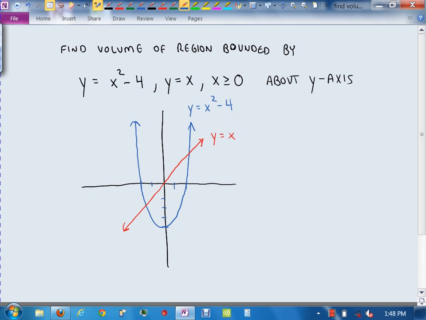And what's the next thing? X greater than or equal to 0. What does that mean? I'm only on the right side of the y-axis. So my region is actually this right here only, right? Everything to the right of the y-axis.